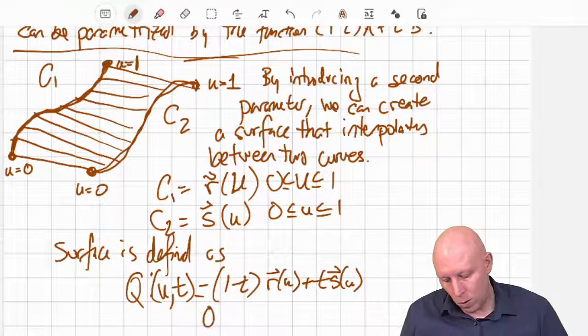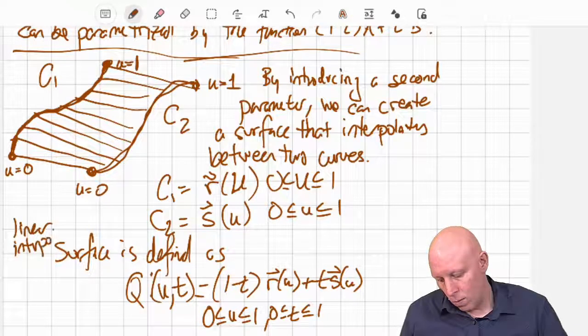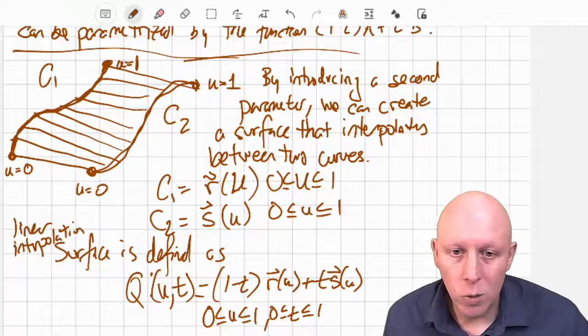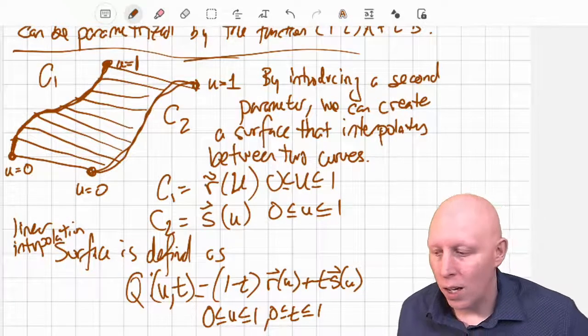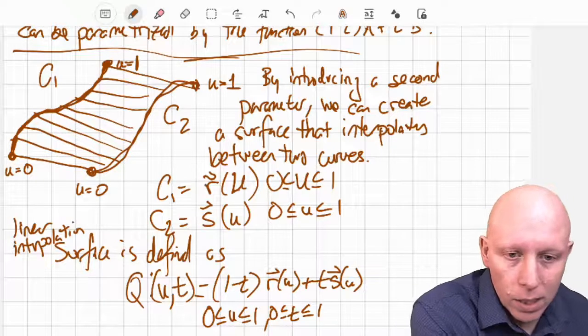And so u goes between 0 and 1, and t goes between 0 and 1. And then this linear interpolation is a surface that goes between those two curves. All right, let's head over to Mathematica and see this in action.